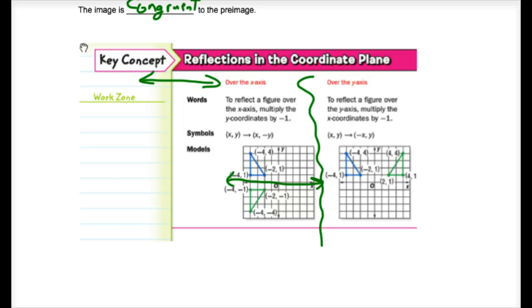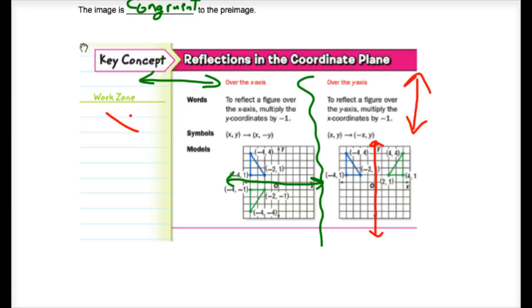But if you want to reflect something over the y-axis, which way does the y-axis run? Vertical. If you want to reflect it over the y-axis, the y values actually stay the same, and you're going to take your x values and multiply them by -1. Once we do an example, guys, you'll see what we mean here.